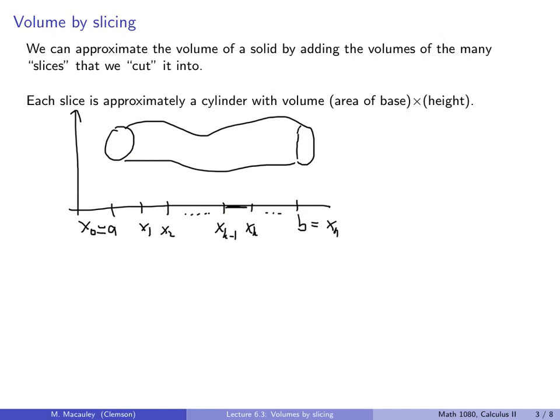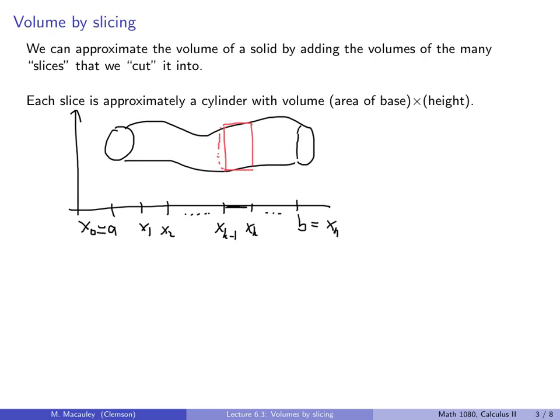So let's look at the kth piece. For the kth piece, we are going to get a cylinder. It's approximately a cylinder. In the limit, it will be a cylinder. It's slightly, not exactly a cylinder as you can see, but as the width gets smaller, it will approach that. And so here's the key point.